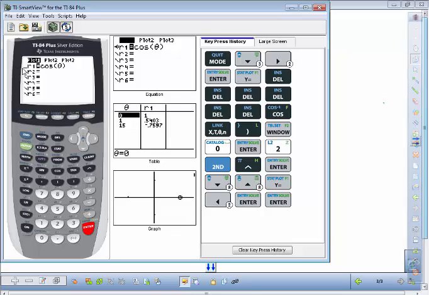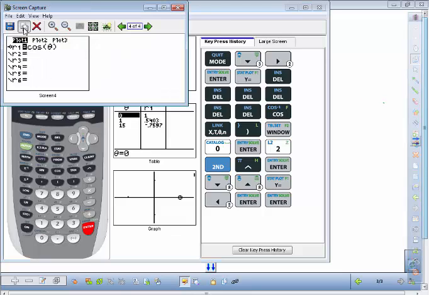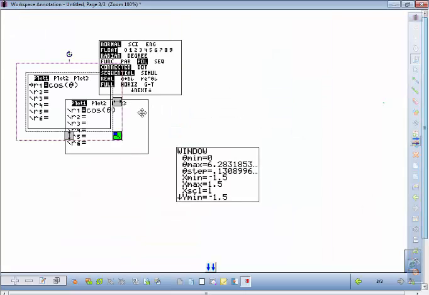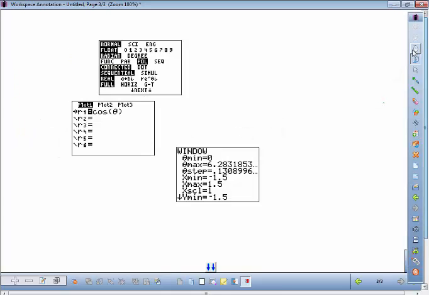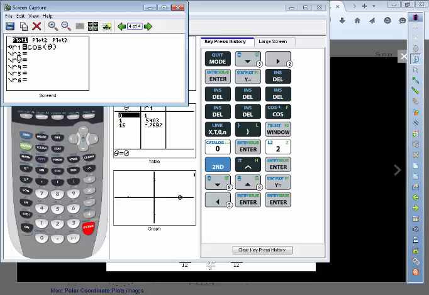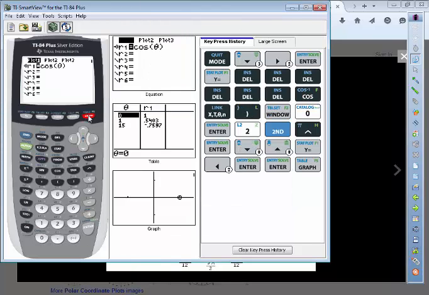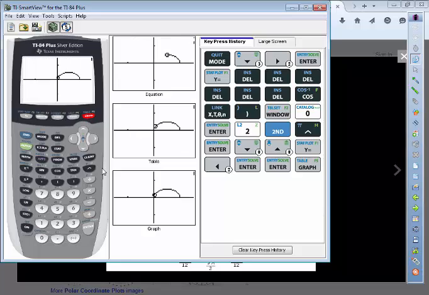All right, so I have this little dot with this little thing. So if I hit graph, you can see that it's drawing it, and it's drawing it twice. You can also see it doesn't look like a circle, but you have to adjust the window accordingly.